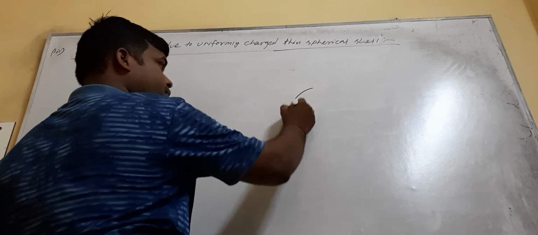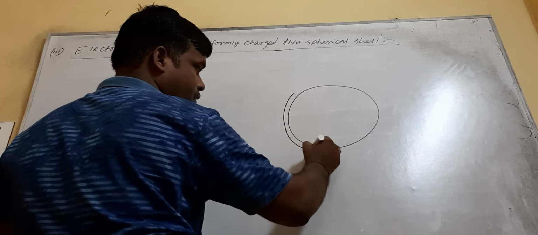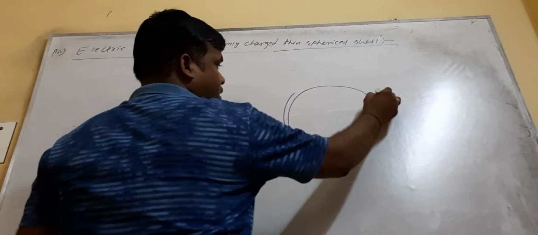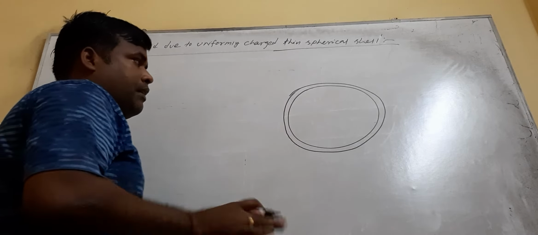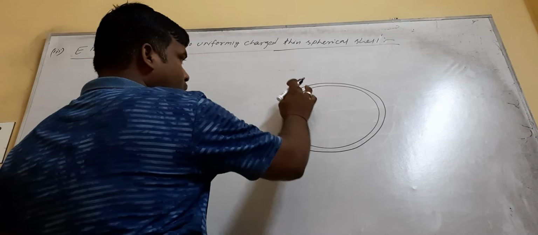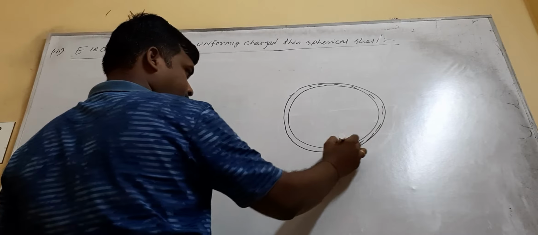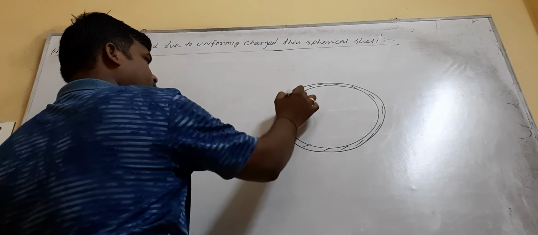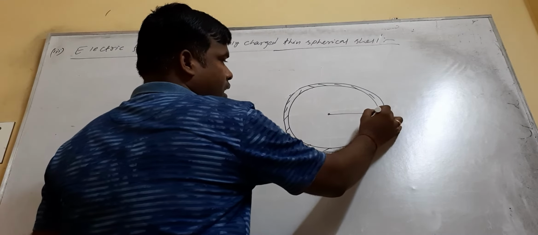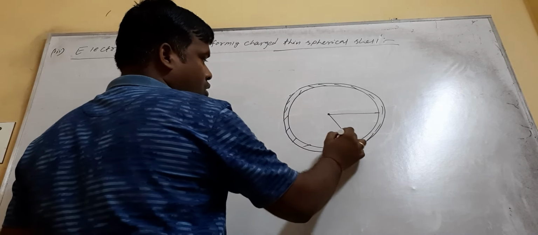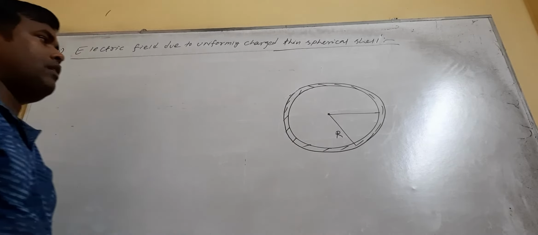Here you see it is the spherical shell. Shell means inside it is vacuum. It is thin. Thin means the inner radius and outer radius are almost the same, the thickness is very small.